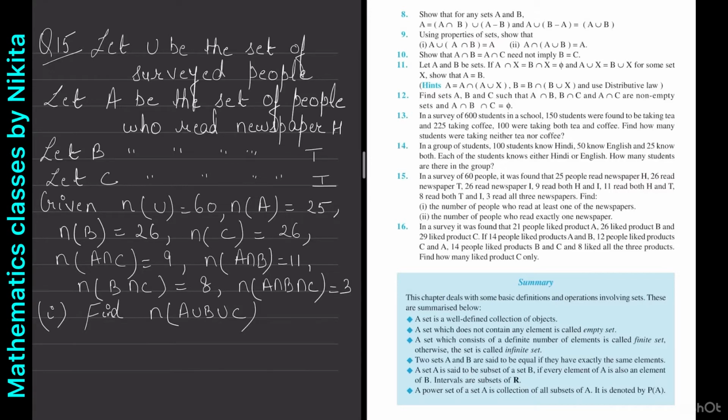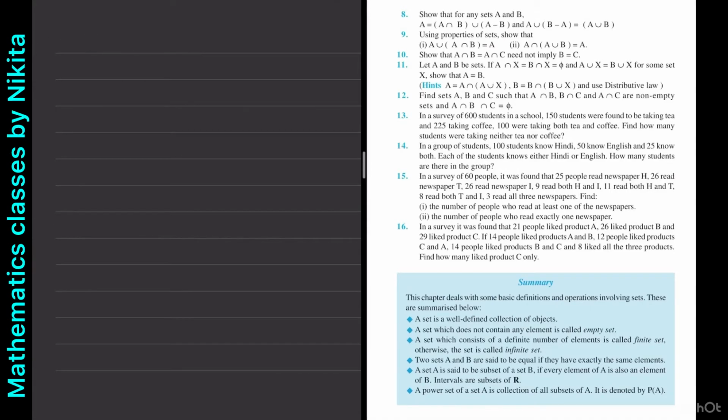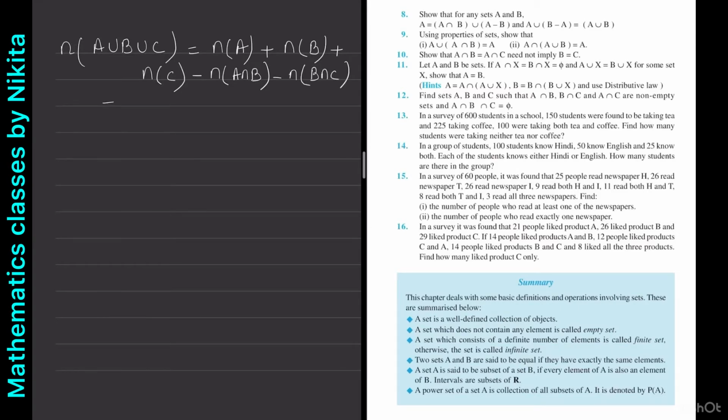Okay, so let us use the formula which we have studied earlier. n of A union B union C is equal to n of A plus n of B plus n of C minus n of A intersection B minus n of B intersection C minus n of A intersection C, then plus n of A intersection B intersection C.